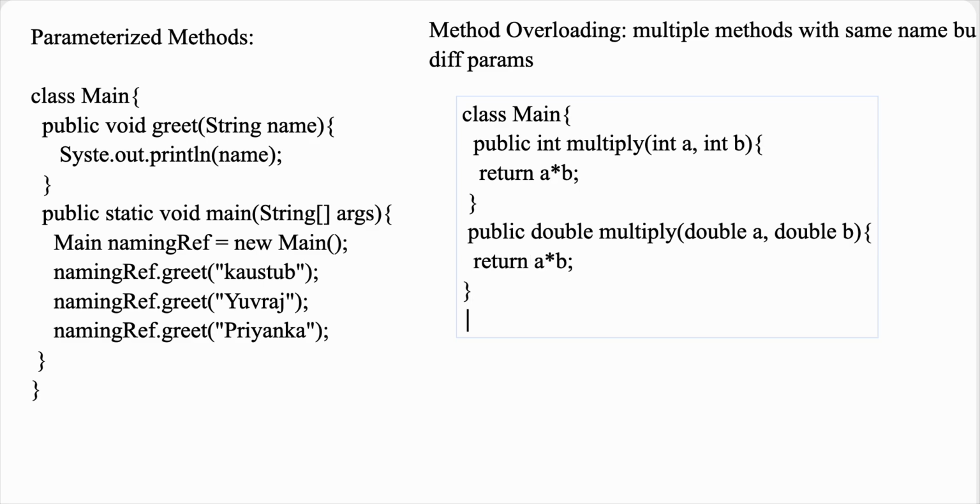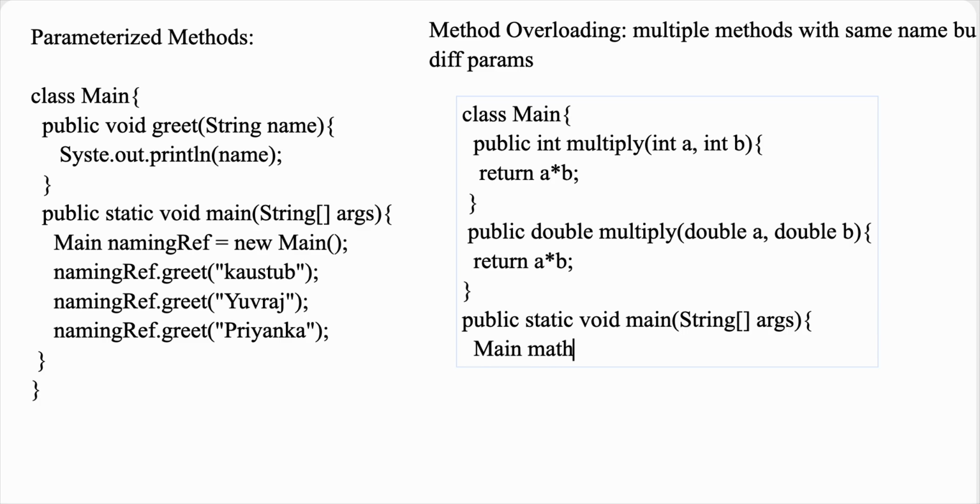Okay, so we need to call those two methods inside the main. Public static void main, String array args. So here we need to create an instance of the object, Main.